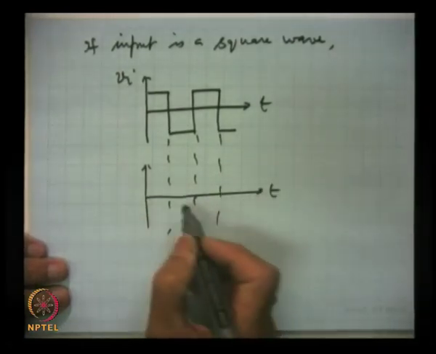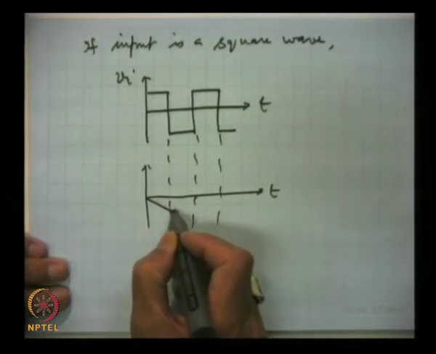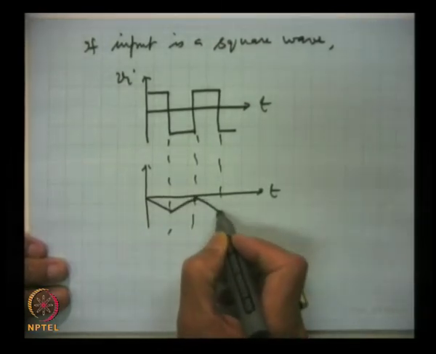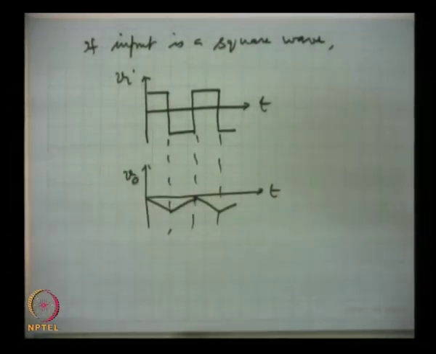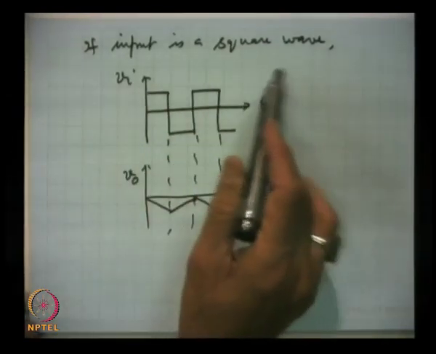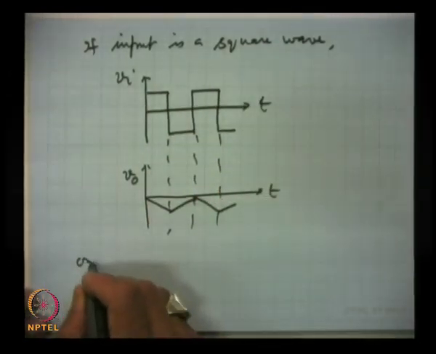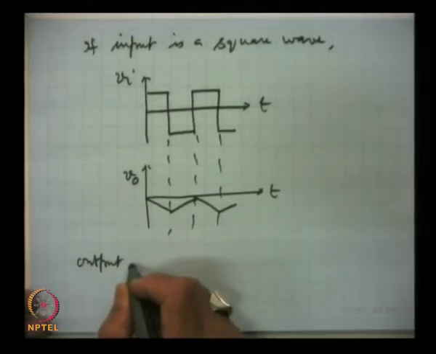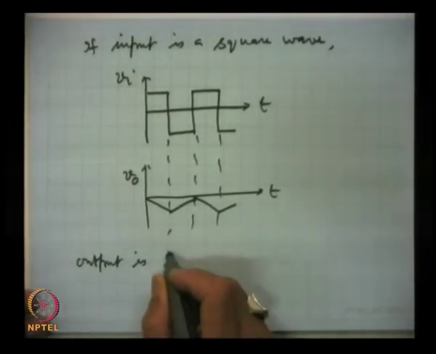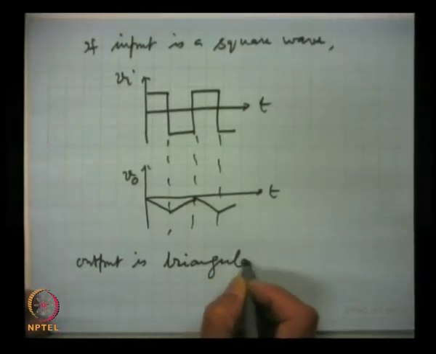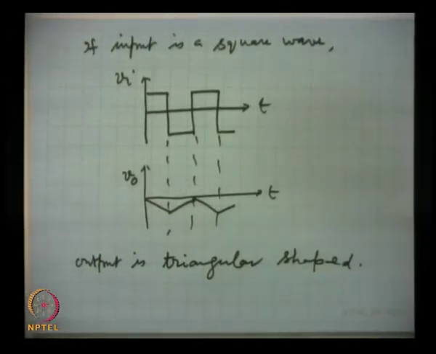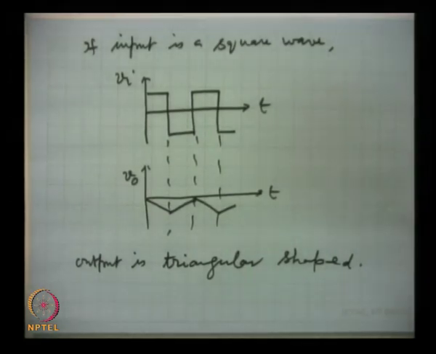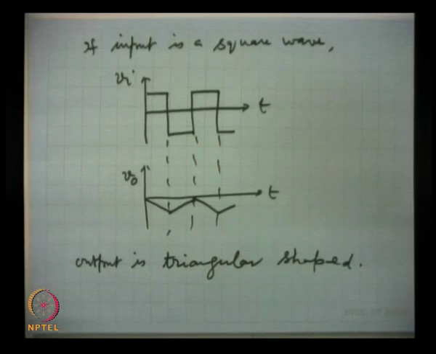This is the output, a triangular. So, if the input is a square wave, output is triangular.